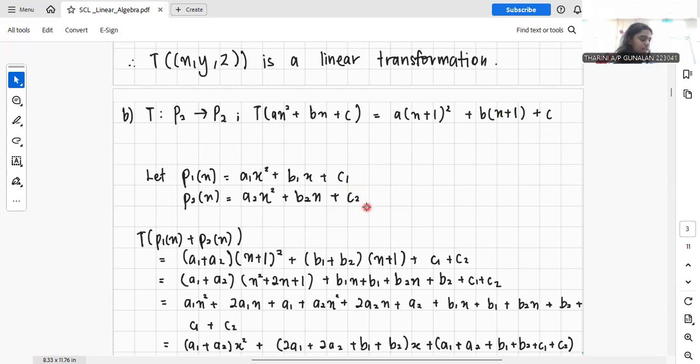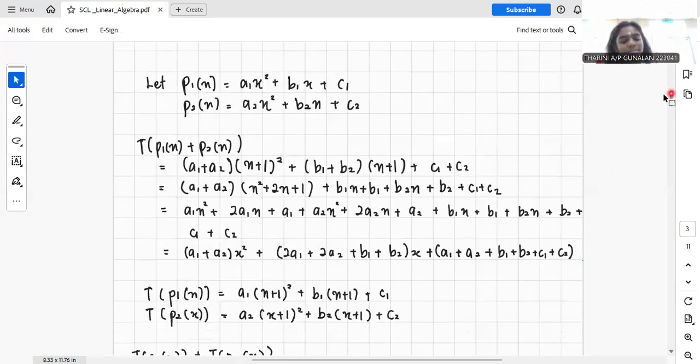So first, we add P1(x) to P2(x). We get (a1 plus a2)(x plus 1) squared plus (b1 plus b2)(x plus 1) plus c1 plus c2.